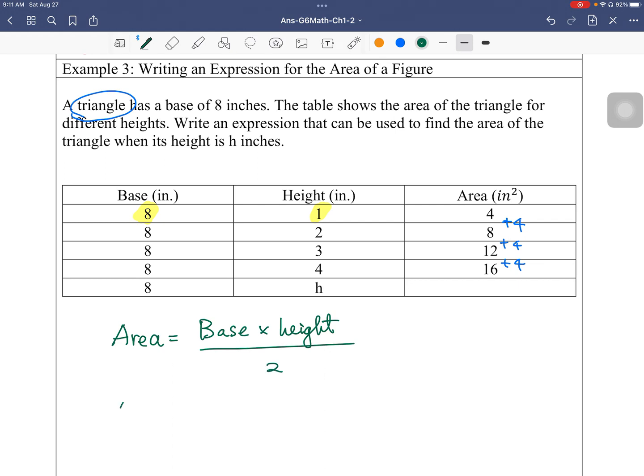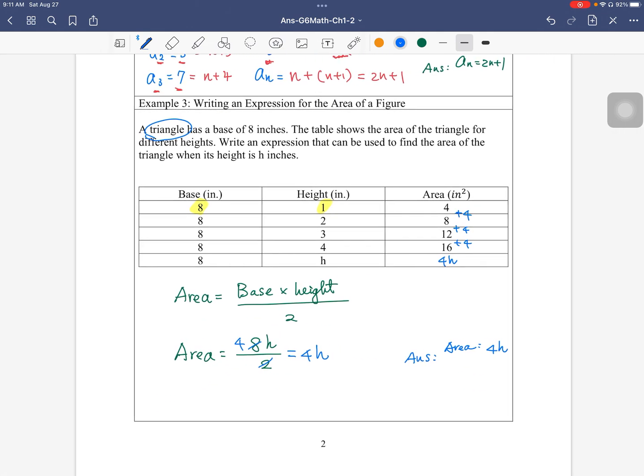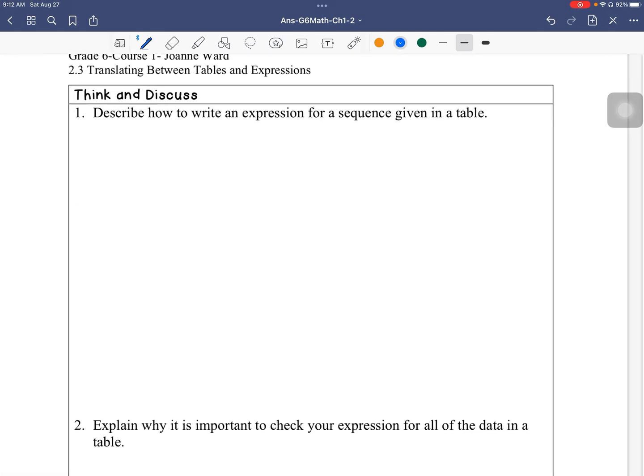So here the area will be 8 times h divided by 2. So it's 4h. So the area is 4h. And then let's do think and discuss.